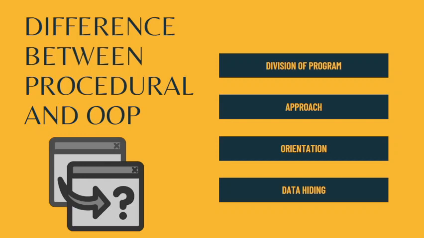Then we come to orientation, which is the same idea as the two above. Procedural programming is oriented around procedures, so everything you do is around solving a problem or giving certain steps towards solving a problem. For object oriented programming, it all boils down to objects, some properties, some methods that are related to a particular object.